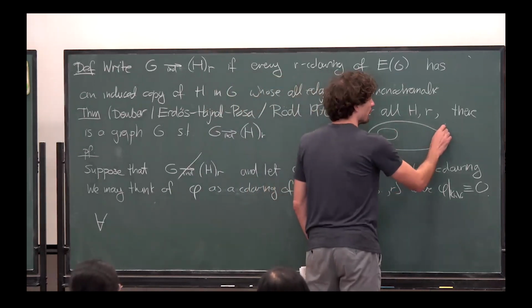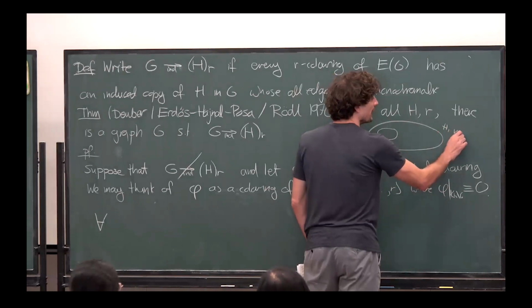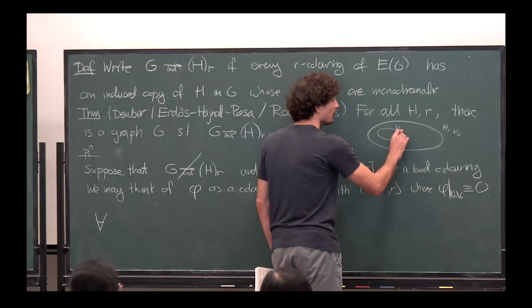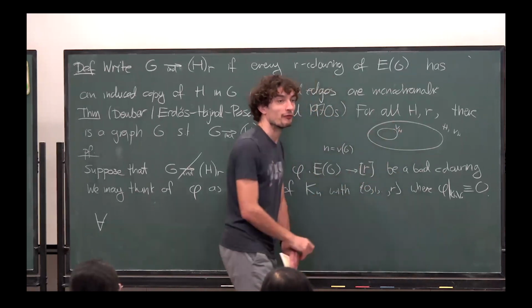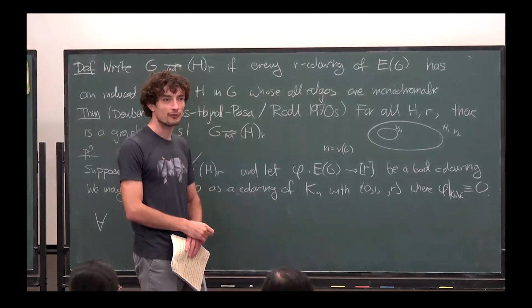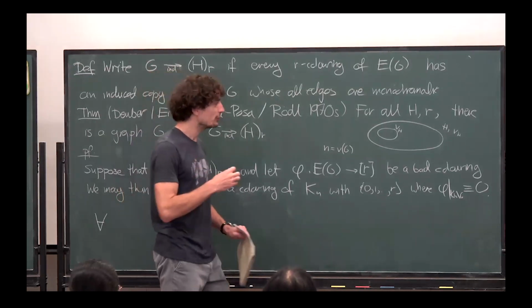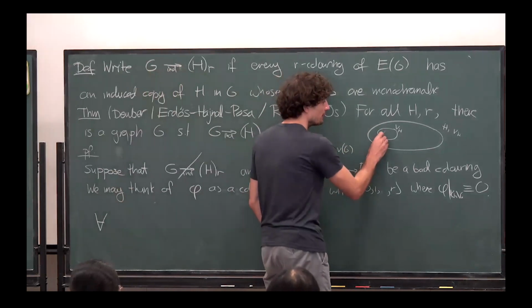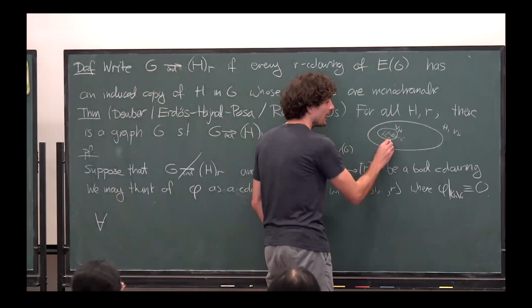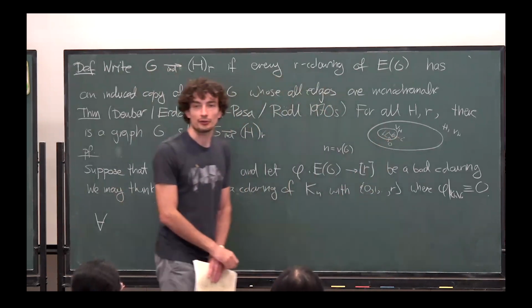So we're looking for H, which has V(H) vertices. Now, whenever we consider some subset of V(H) vertices in this large colored complete graph, it must not be true that there's an embedding of H there whose all edges have color I and whose all non-edges have color 0.